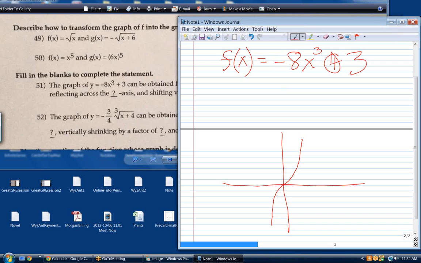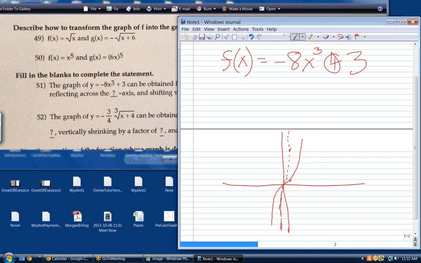It's probably a little easier to see if we do the vertical stretch first. Well, by a factor of 8 is quite a bit. In other words, every one of these points on this curve is going to be 8 times higher. So it's going to have the effect of making this look more like a vertical line than a curved line. Because this point here would be 8 times higher. It would be way up here.